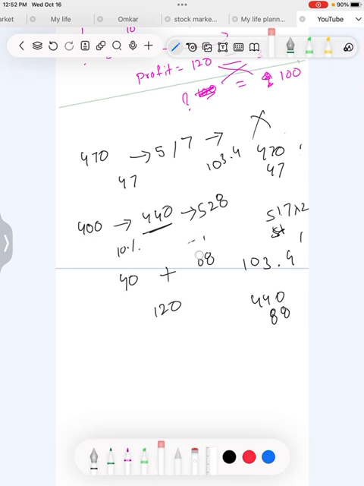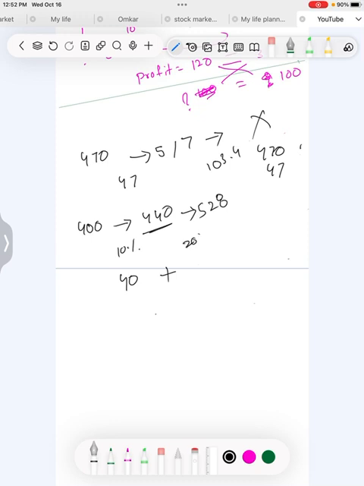So let us do it in another way. Okay, so we got 440, right? 20% profit. So what we will do, 20% profit means we will take 80. 440 plus 80.